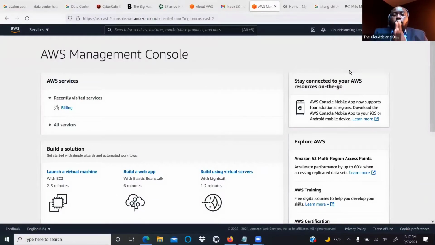In this case, we're logged into our AWS development and testing account. The development and testing account is set aside to carry out the dirty work, the dirty task. What does that mean?